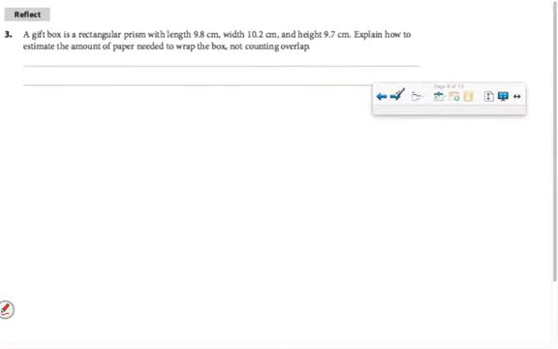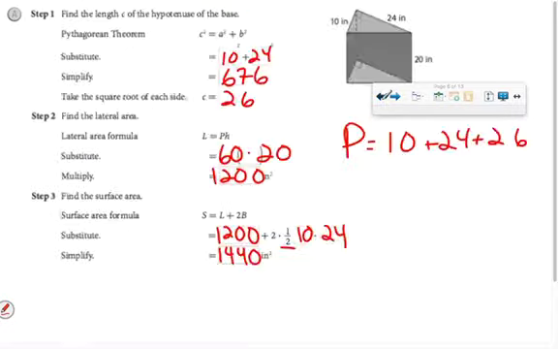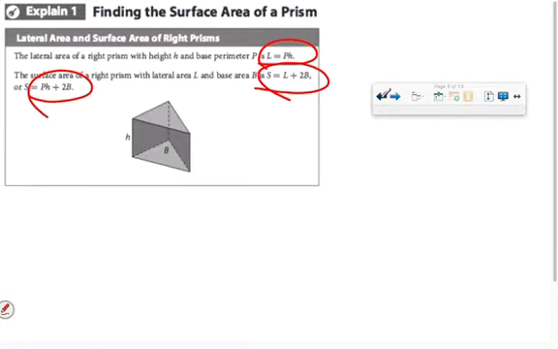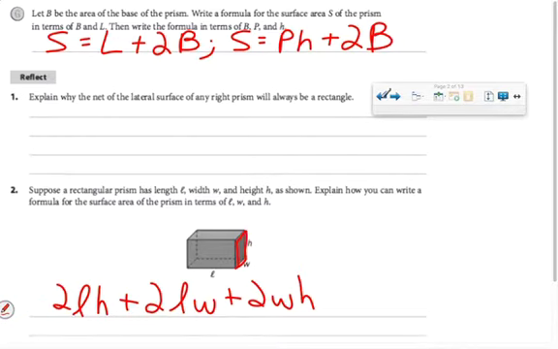I have a gift box with dimensions 9.8, 10.2, and 9.7. I'm asked to estimate the amount of paper. So let's estimate this is approximately 10, this is approximately 10, and this is approximately 10. Since it's a rectangular prism, let's also consider that if this is a cube, then all 6 of the faces are the same.